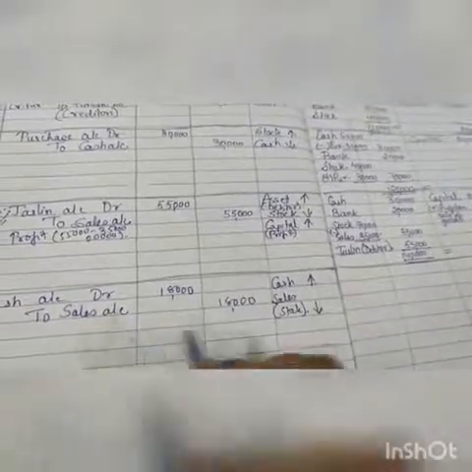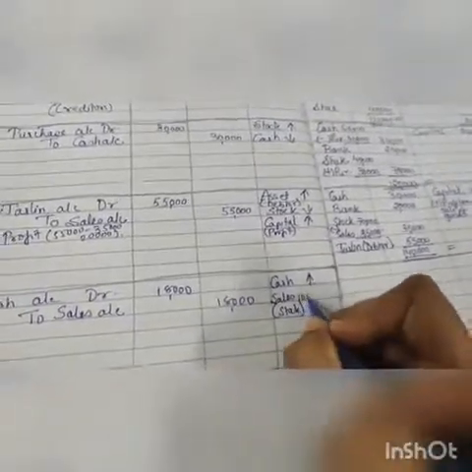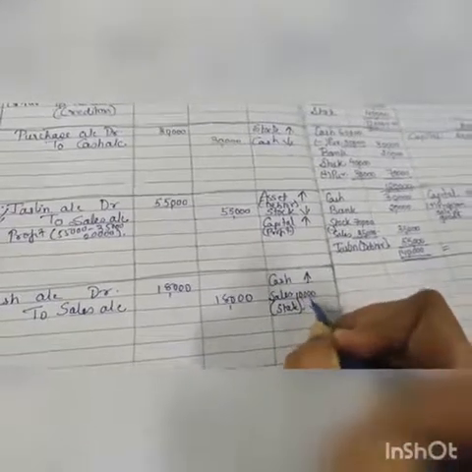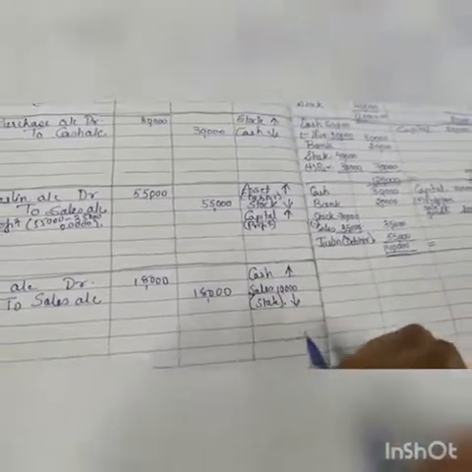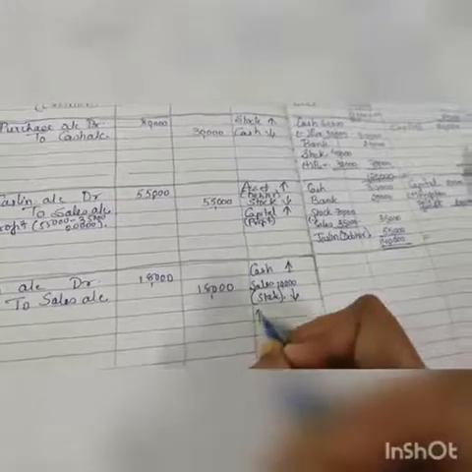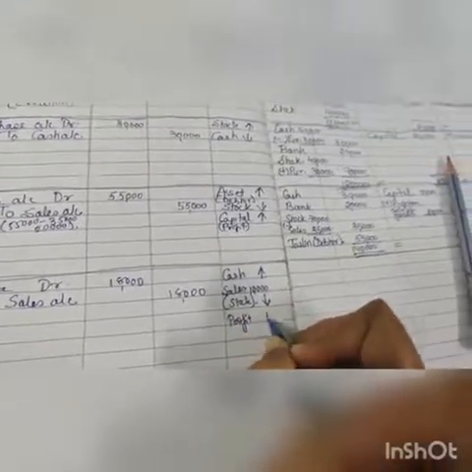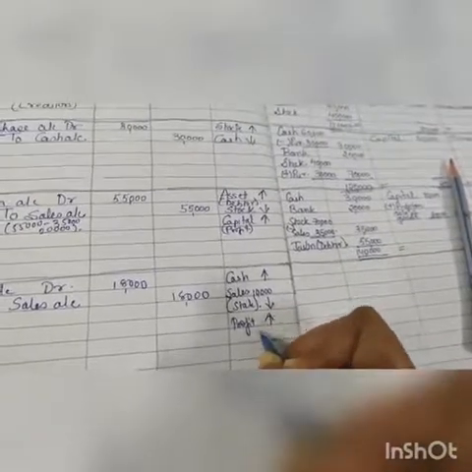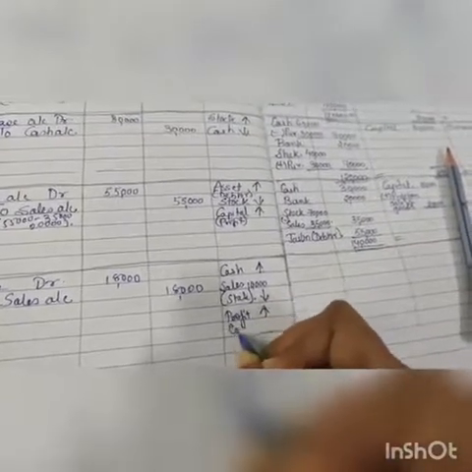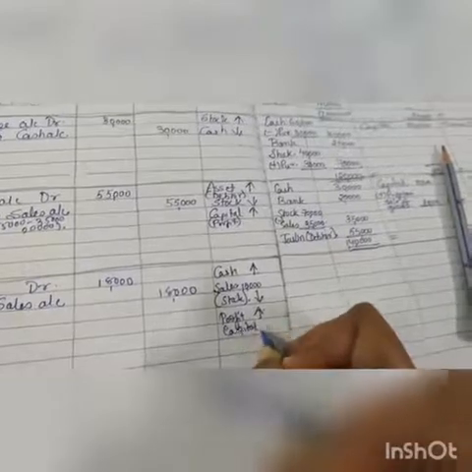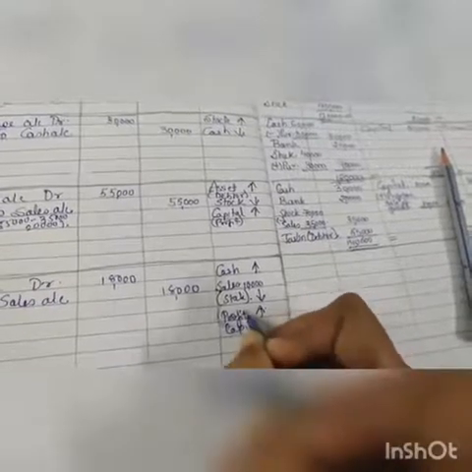It will decrease by only 10,000, because the actual goods cost rupees 10,000. Now there is profit. So according to profit what will happen? Capital will increase. The profit effect is coming on capital. So here the capital will increase according to profit. Clear? So this effect will come.